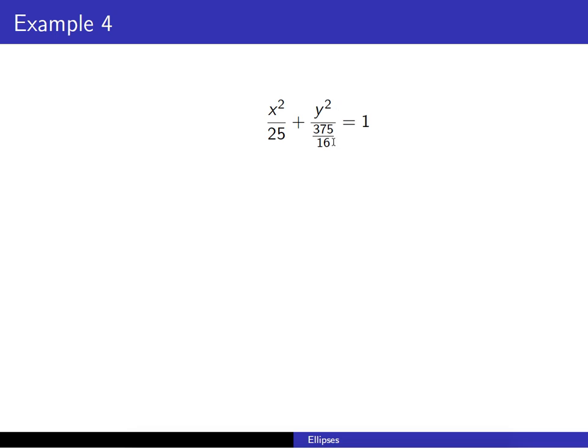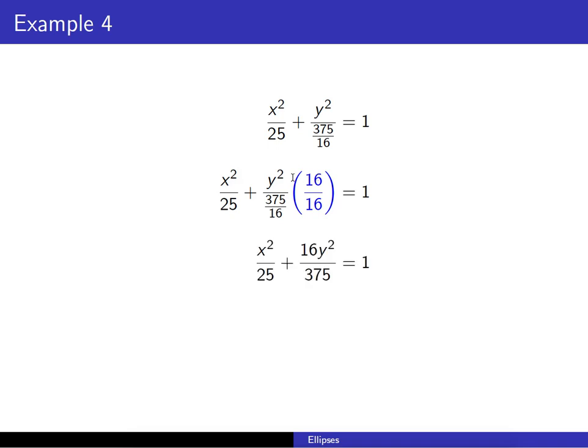So we're going to multiply by the least common tiny denominator, which in this case is 16. So if we multiply the entire fraction here by 16, we'll get x squared over 25 plus 16y squared over, these 16s will divide out to 1, so we get 16y squared over 375 equals 1.